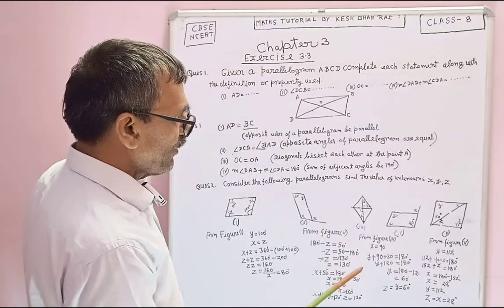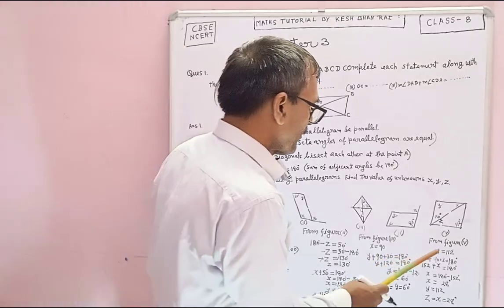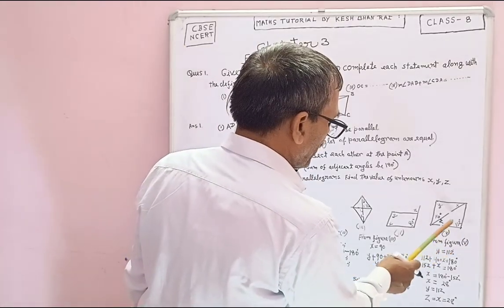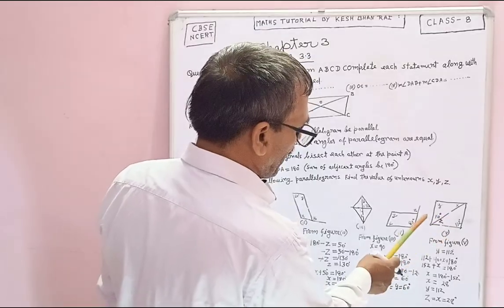In figure 5, y is equal to 112 because opposite angles in a parallelogram are equal.